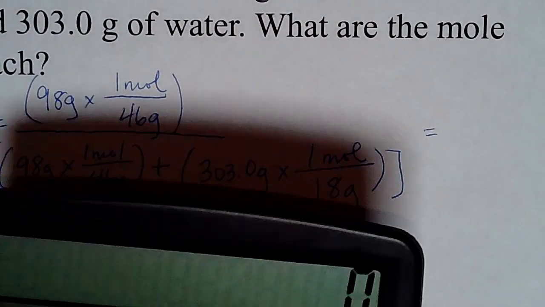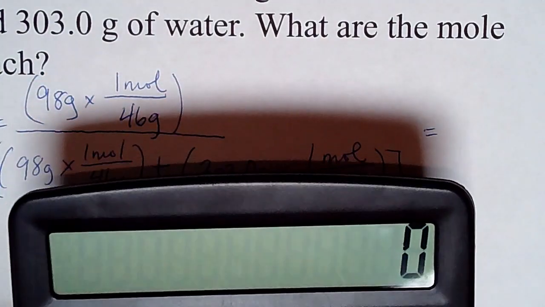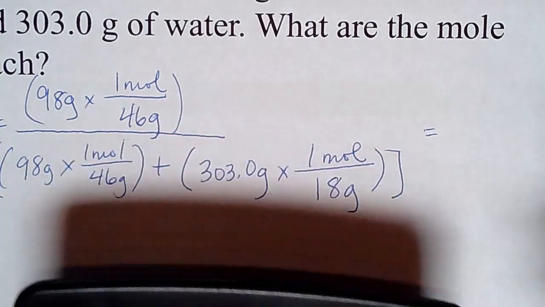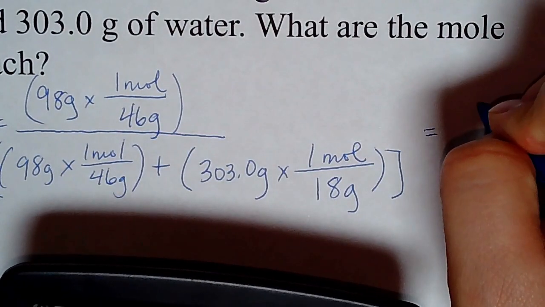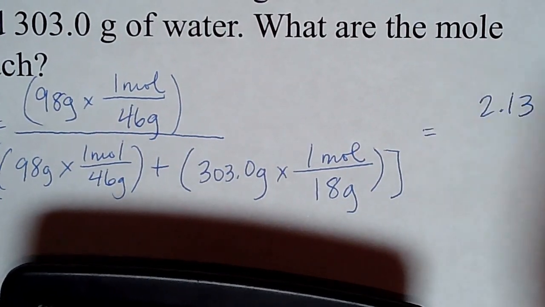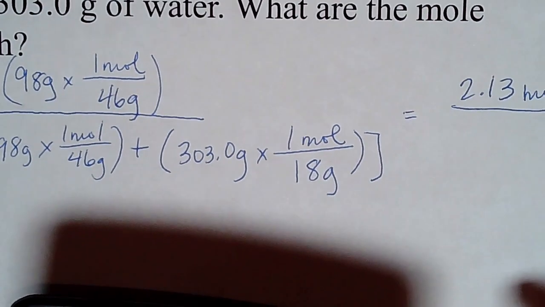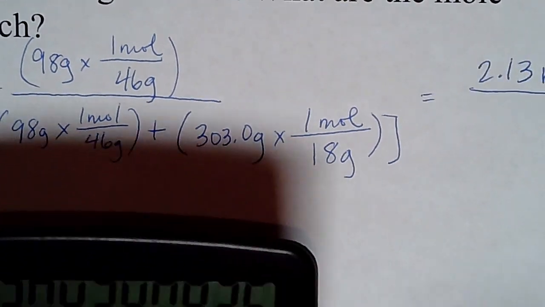So first we're going to do our ethanol, so 98 divided by 46 means we have just over 2.13 of our moles. Alright, and then let's do the bottom. So this first part's the same.